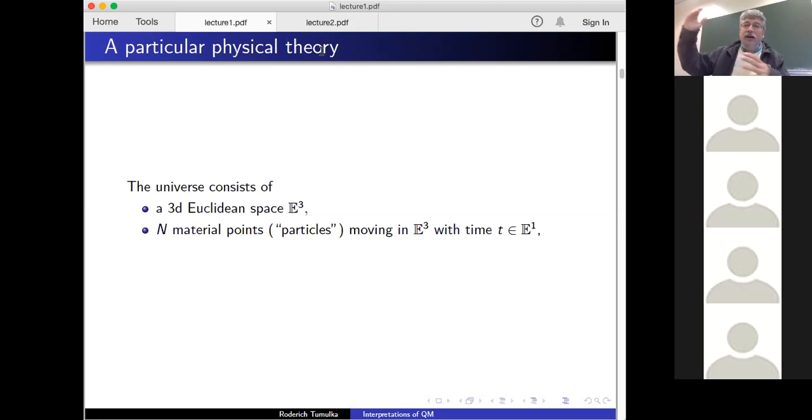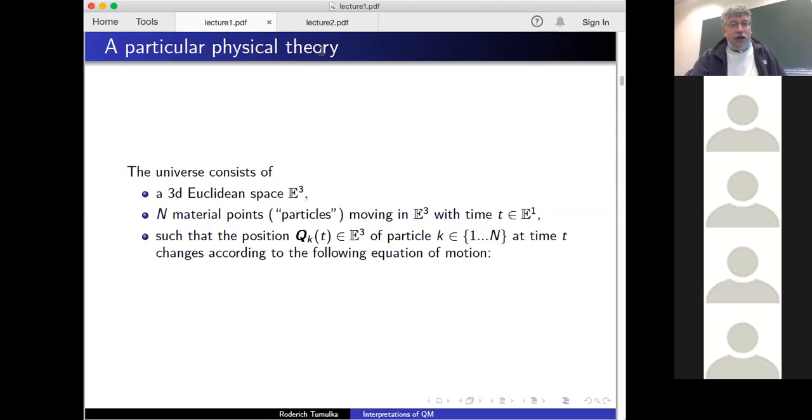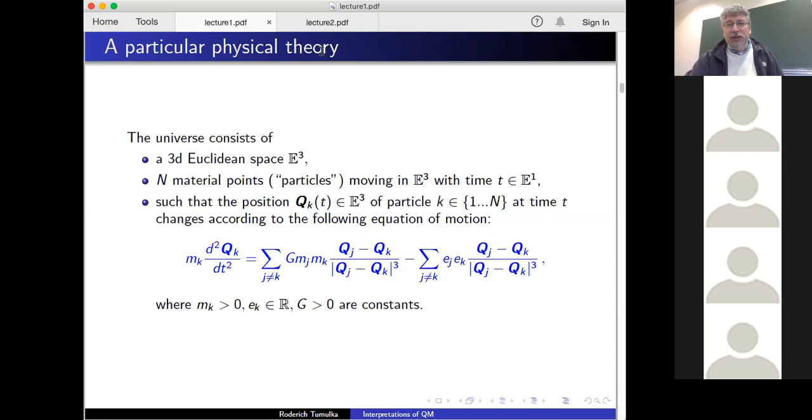E1 means a 1-dimensional Euclidean space, if you wish, the time axis. So at every time t, every particle has a position q_k(t) in this 3-dimensional Euclidean space. And that changes according to some equation of motion.